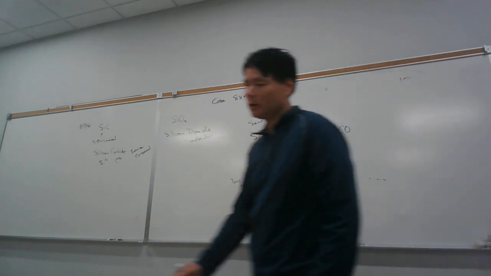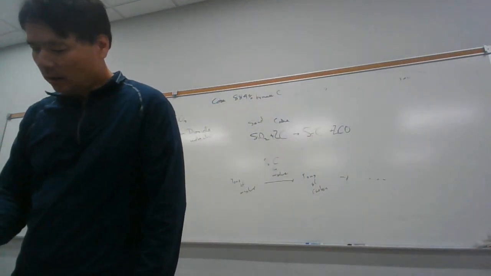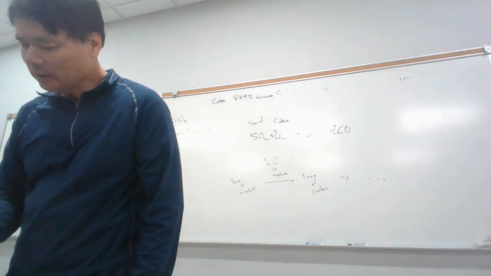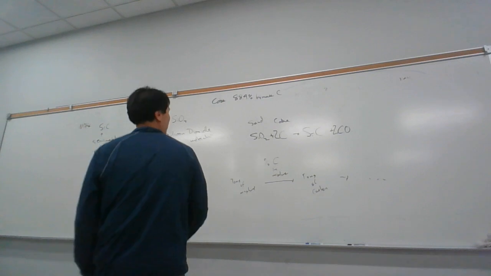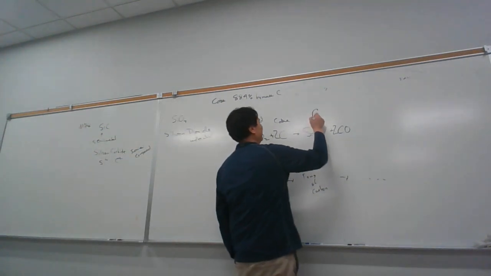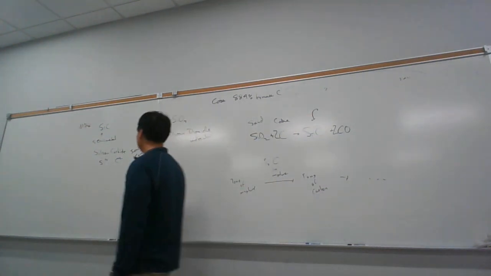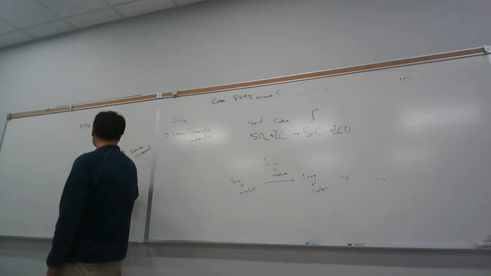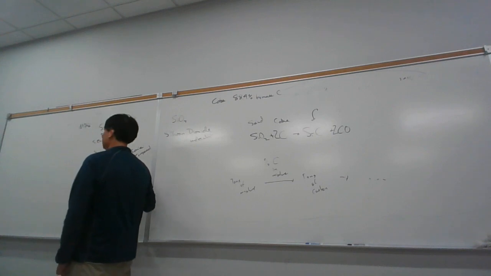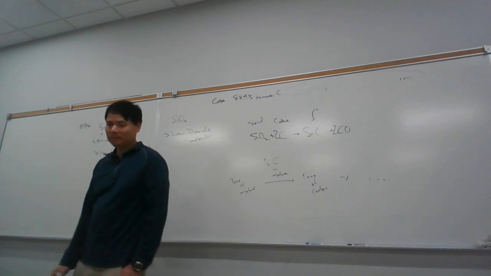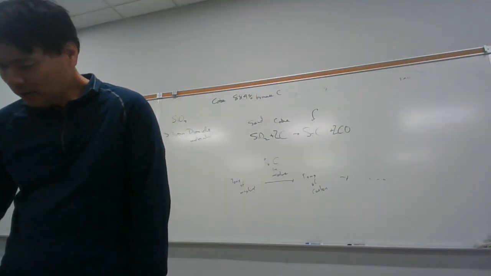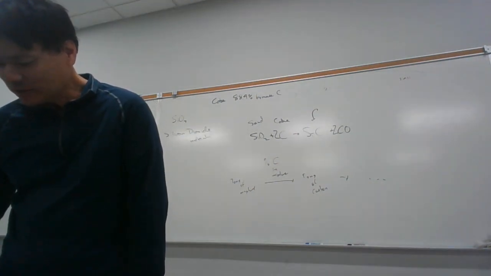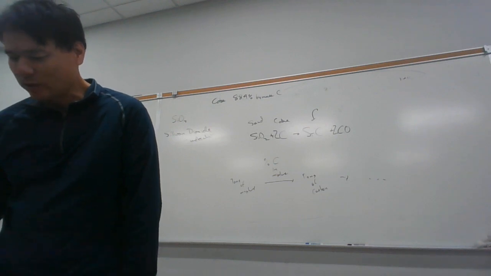And so let me read off the problem. The problem says: how many kilograms of carborundum, what is carborundum? Silicon carbide. Silicon carbide is also called carborundum. Well, why do they call it that? I don't know. Carborundum. That makes no sense. How many kilograms of carborundum can be prepared from 727 kilograms of coke?